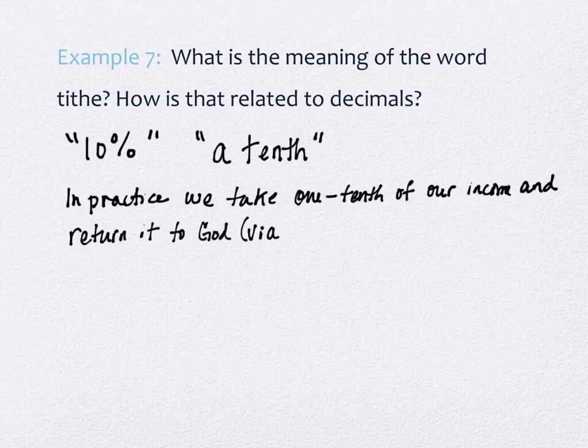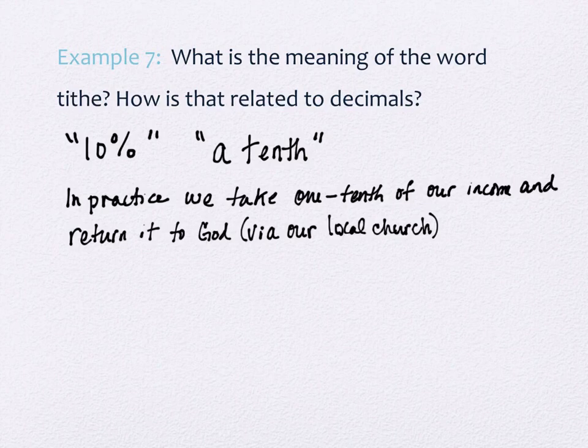And we do that via our local church. So every now and then you'll hear people say something like, well, I tithe 5%. You can give 5%, but you can't tithe 5% because tithe has an attached meaning to it, right? Or you might actually hear people say something like, I gave a double tithe. Well, you know what that means, right? It would mean they gave 20% of something.